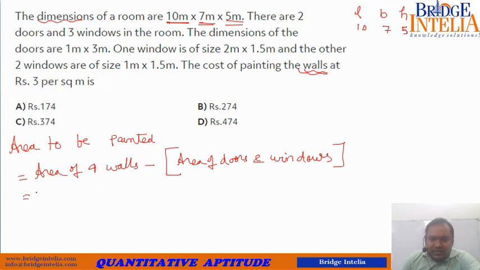So area of 4 walls is 2 times length plus breadth into height minus area of doors. So how many doors are there? There are 2 doors. So twice into 1 into 3.